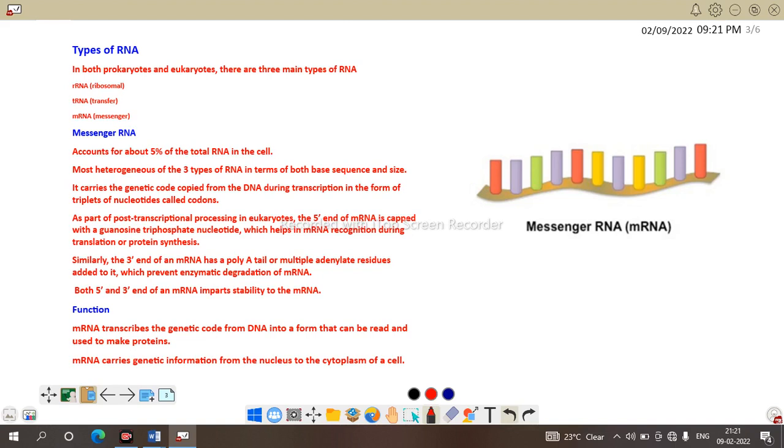As part of post-transcriptional processing in eukaryotes, the 5' end of mRNA is capped with a guanosine triphosphate nucleotide, which helps in mRNA recognition during translation in protein synthesis.